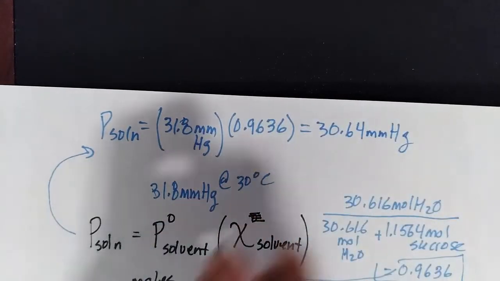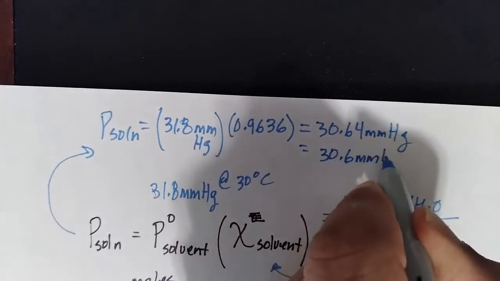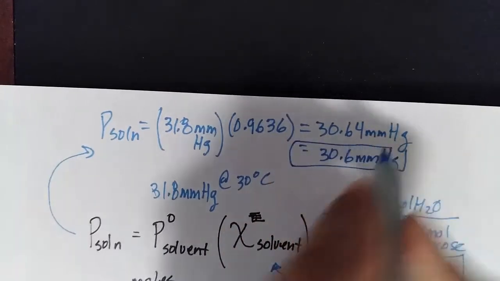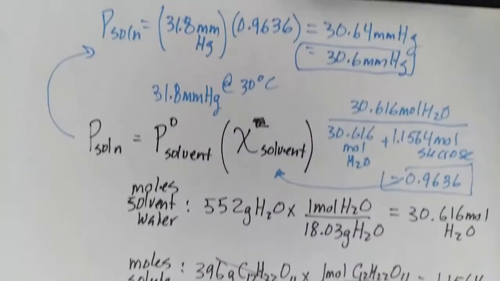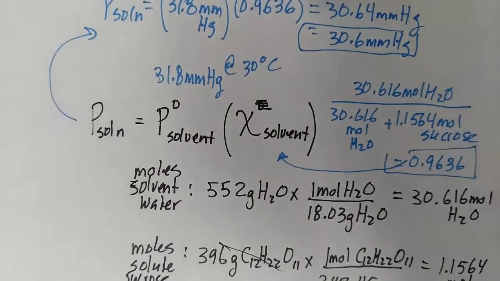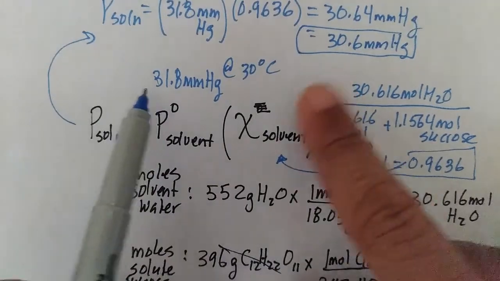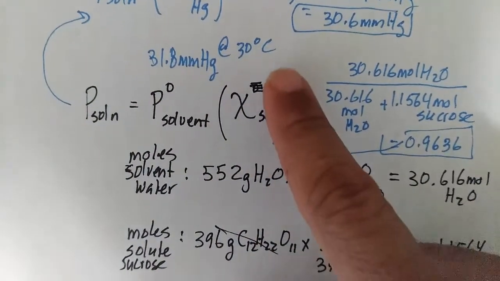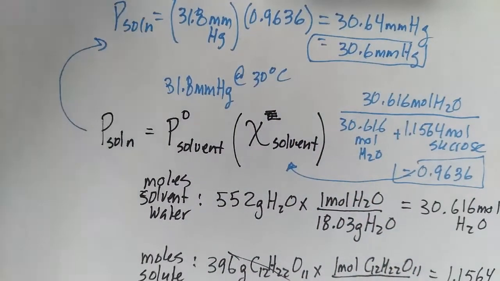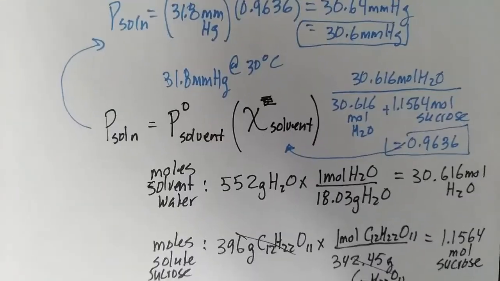So to 3 sig figs, 30.6 millimeters of mercury. The idea here is that you added this many moles of sucrose to this many moles of water, and as a result our new vapor pressure has dropped from 31.8 millimeters of mercury to 30.6 millimeters of mercury. That in essence is the definition of vapor pressure lowering.